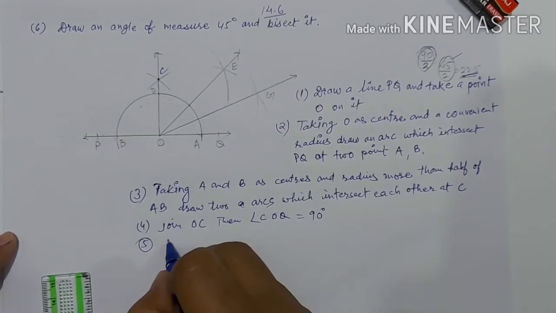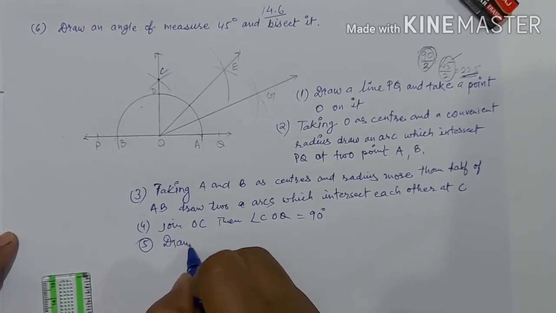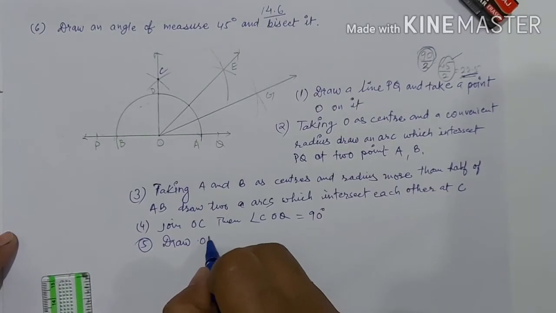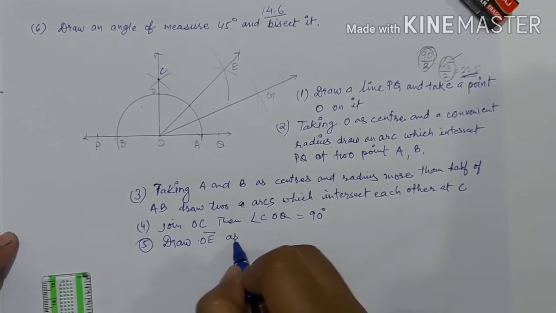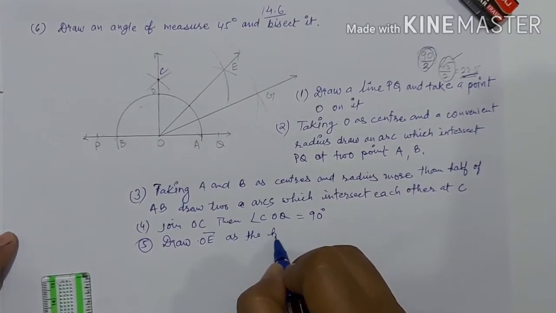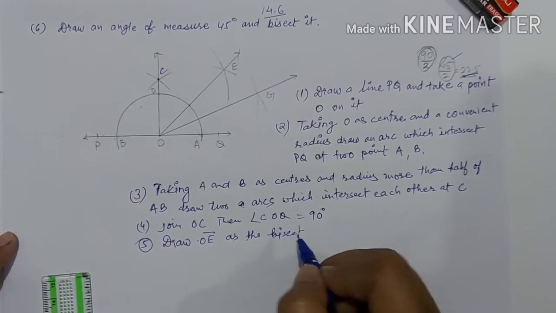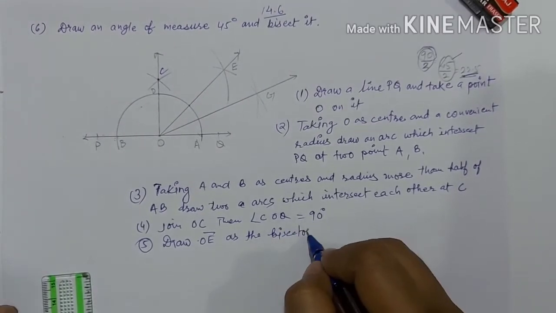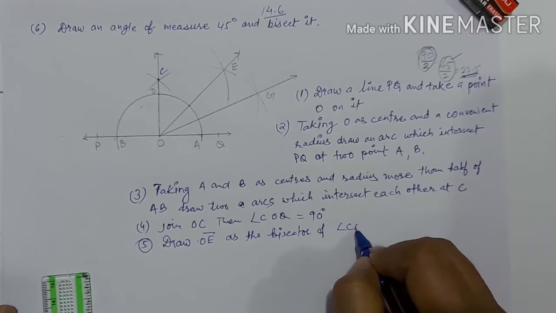Now fifth, draw OE as the bisector of angle COQ.